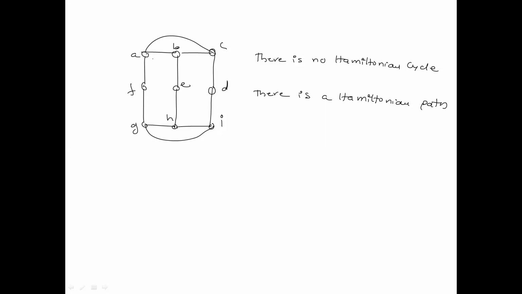Hamiltonian path is something like this. Start from here, visit all these vertices exactly once, and maybe you can stop here at I. So you visited all the vertices exactly once, but you did not reach back to the same vertex, you reached some other. So this is a Hamiltonian path, but there is no Hamiltonian cycle. Okay. So this is about Hamiltonian cycle.